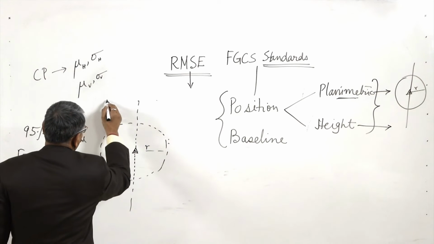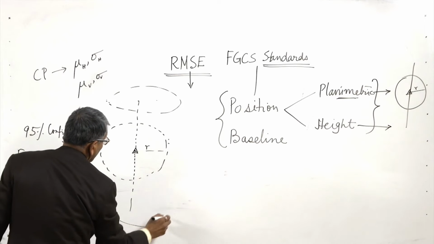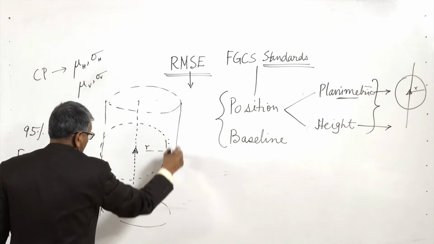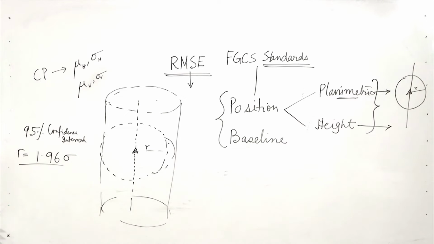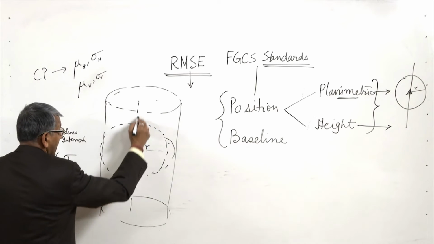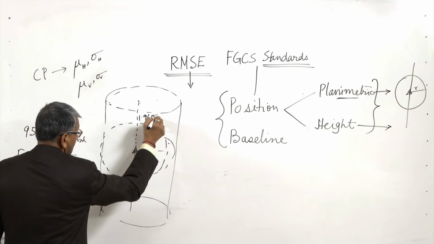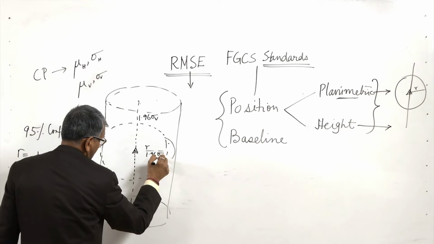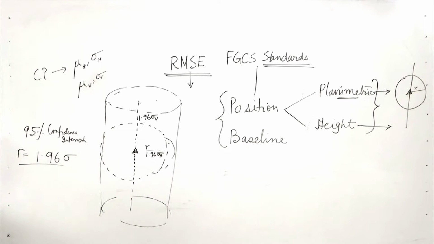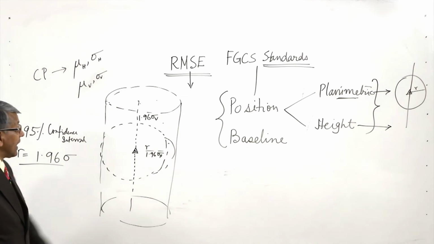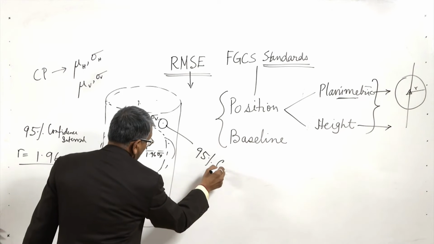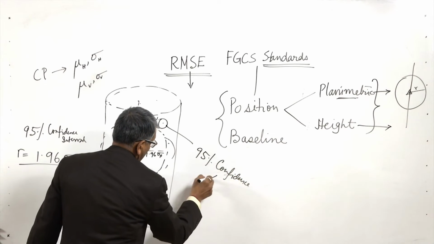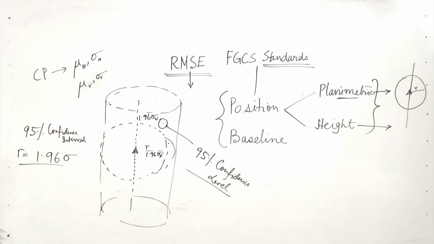And if we draw this like this, we will get a cylinder having 1.96 sigma v and 1.96 sigma h, and if the 3D position lies within this cylinder, then we can say that this position has 95% confidence level, that it will be within this accuracy.